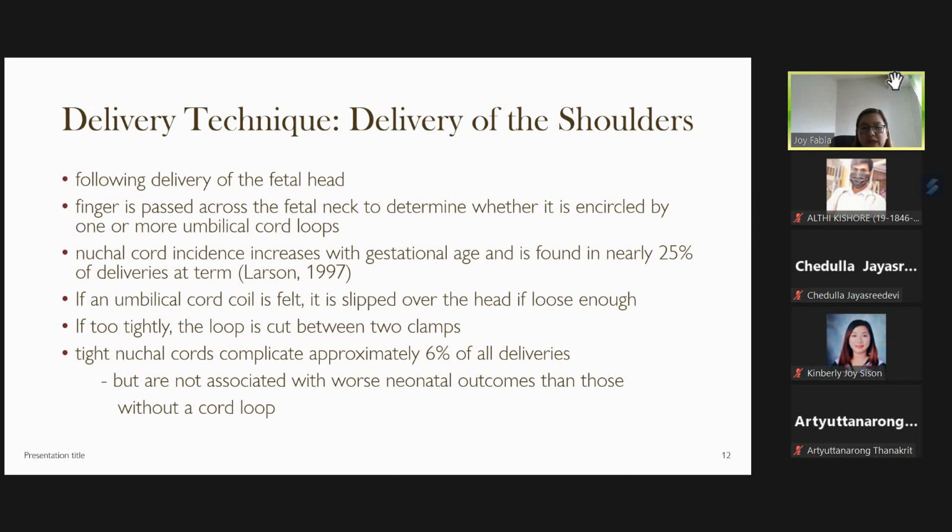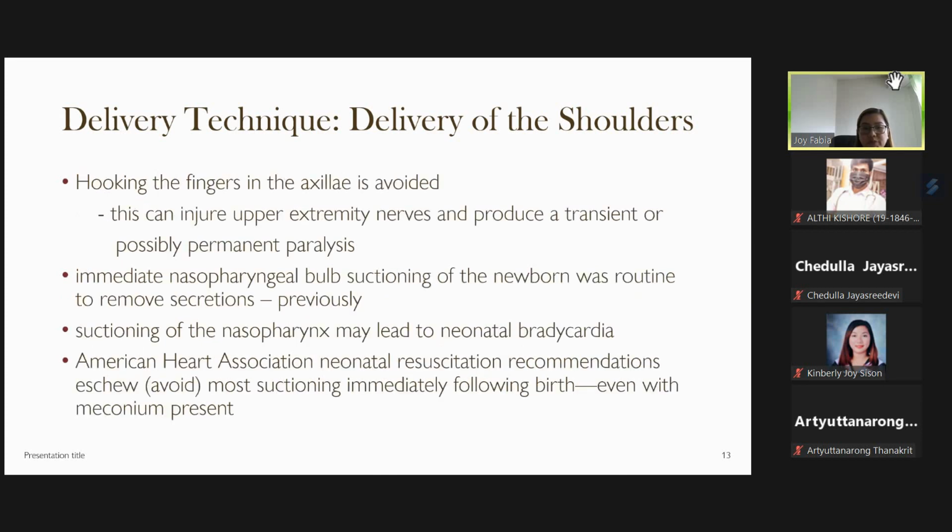Tight nuchal cords complicate approximately 6% of all deliveries, but are not associated with worse neonatal outcomes than deliveries without a cord loop.